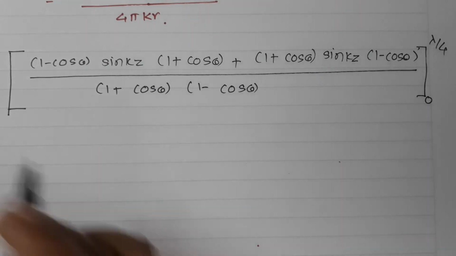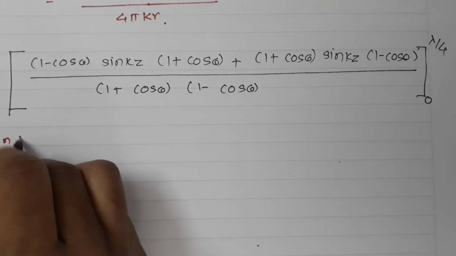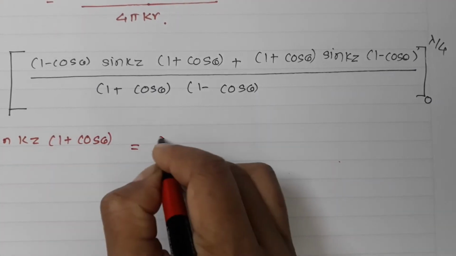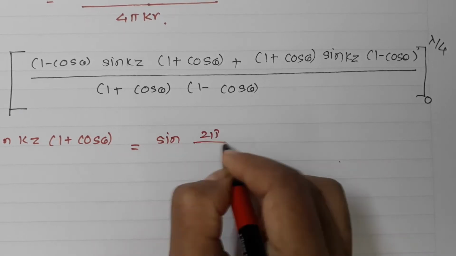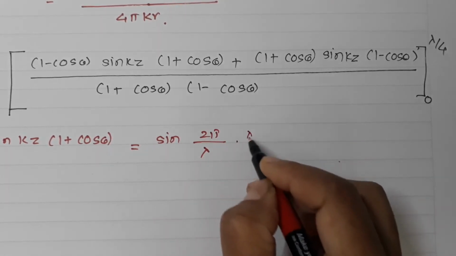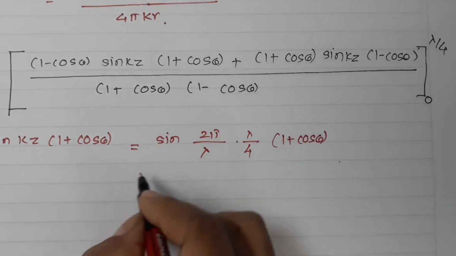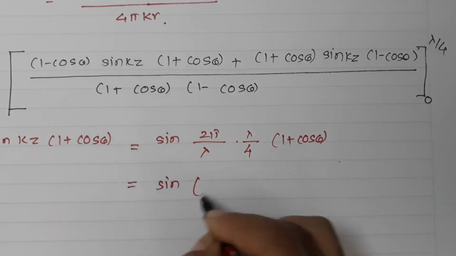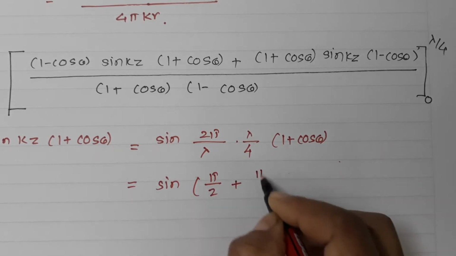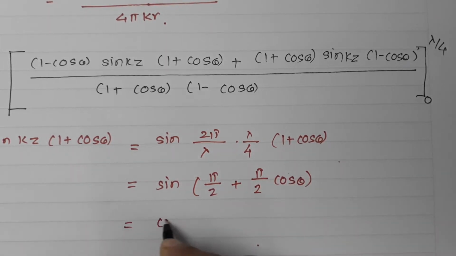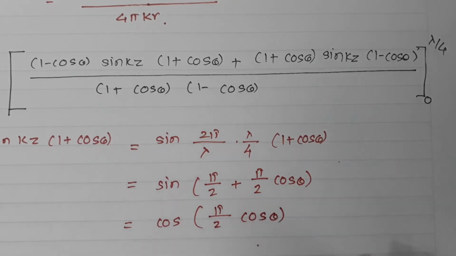It is nothing but sin(kz(1 + cos θ)) equal to sin(2π/λ × λ/4 (1 + cos θ)), which equals sin(π/2 + π/2 cos θ), which is nothing but cos(π/2 cos θ).